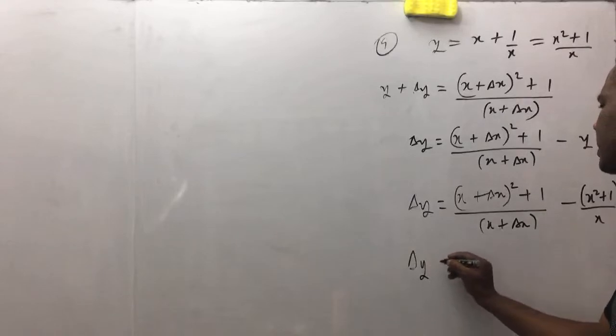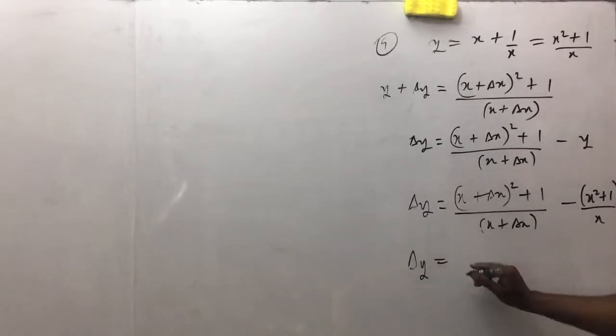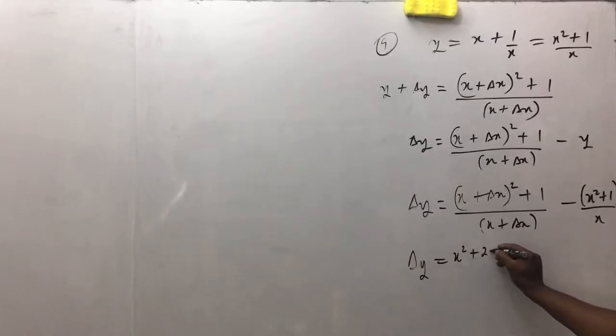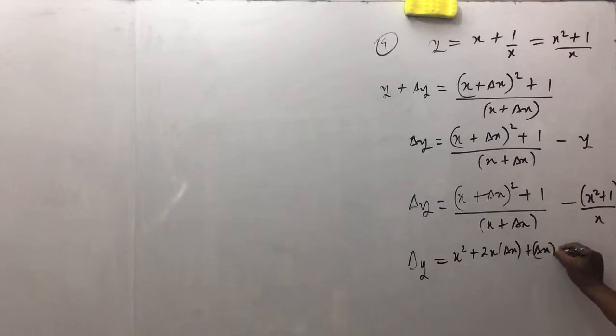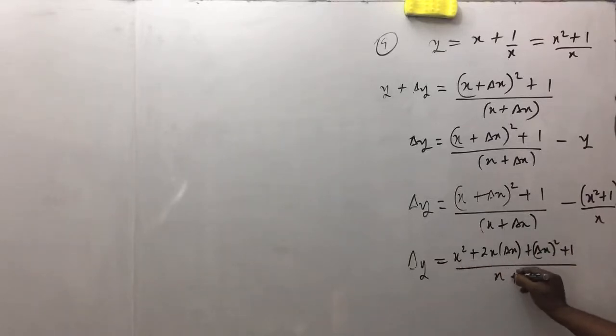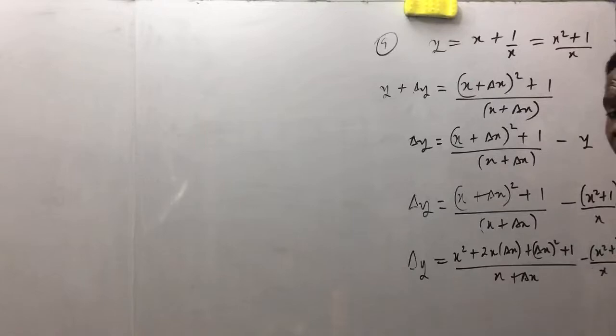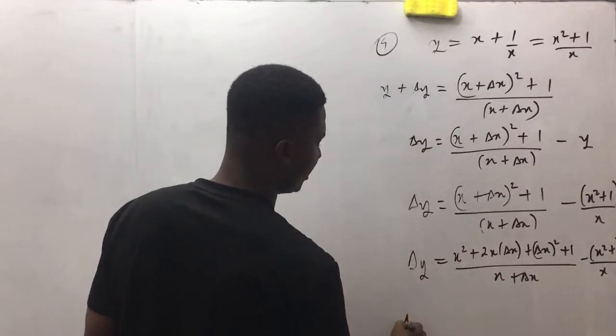Let's quickly do that. So simplifying further, I would expand this. If I expand, I'll have x squared plus 2x change in x plus change in x all squared plus 1 all over x plus change in x minus x squared plus 1 over x. Okay? So the next step we shall take is the LCM.